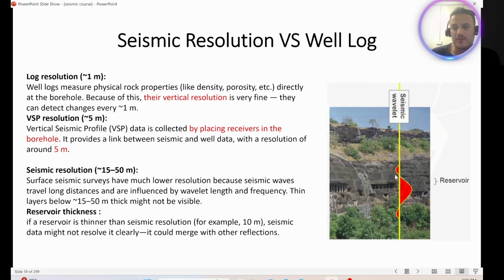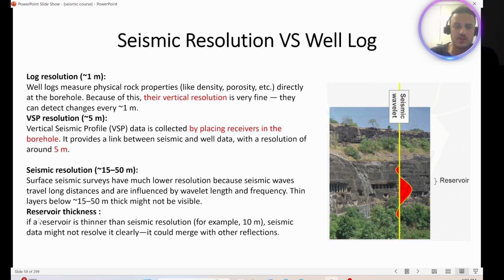So if you have, for example, this reservoir, we can get the high wavelength, but if the wavelength is lower than lambda divided by 4, these small changes of thin bed, we cannot get the changes within the thin bed because it will be reflected and overlapped with the thicker layers.